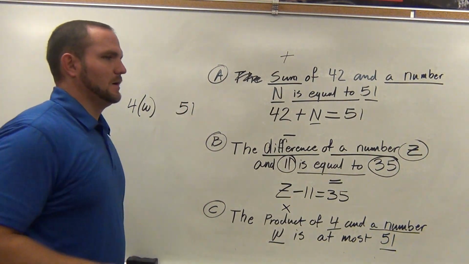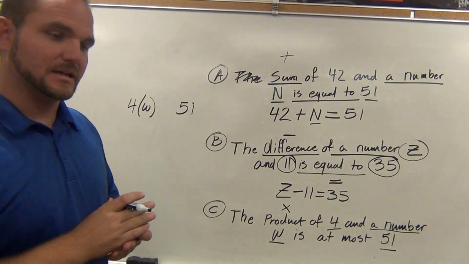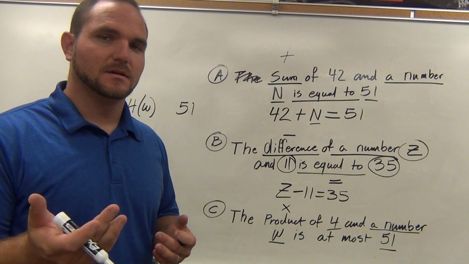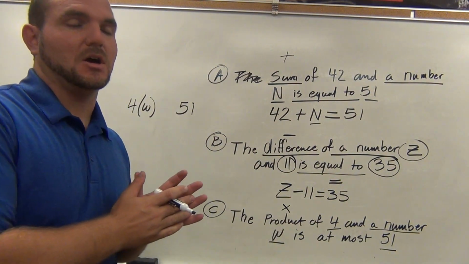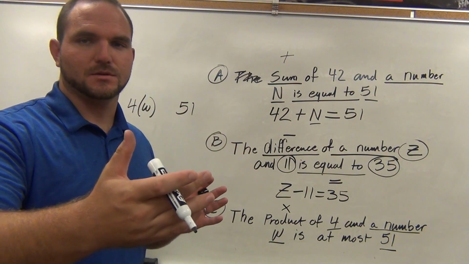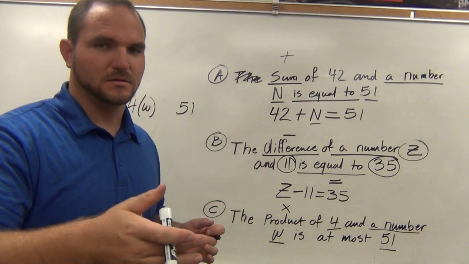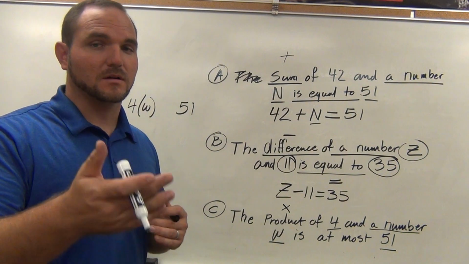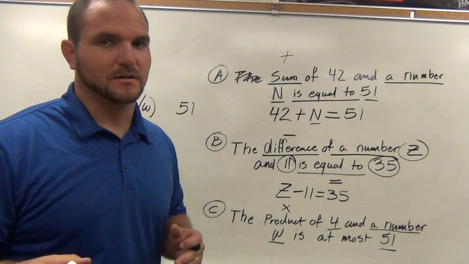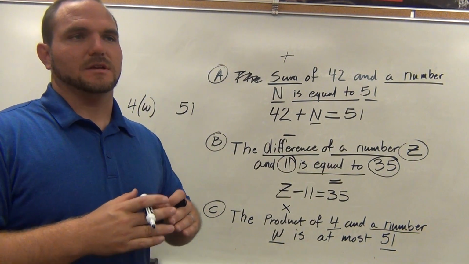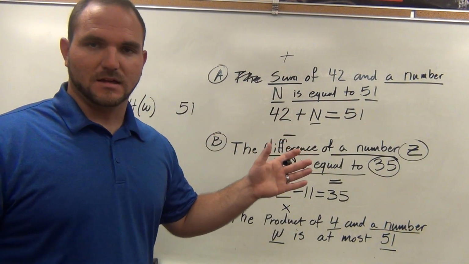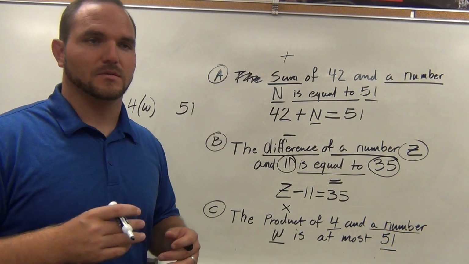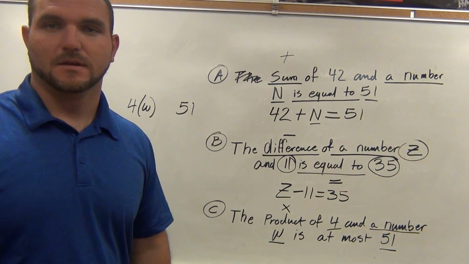We'll go like that. So what that's saying is you can get up to this point, but you can't go past it. So it could be all of these answers up to, or at most, 51. So that means that it could be part of 51, but it can't go past it. So answers that include a wide variety of answers would be less than or equal to, greater than or equal to, those types of things.